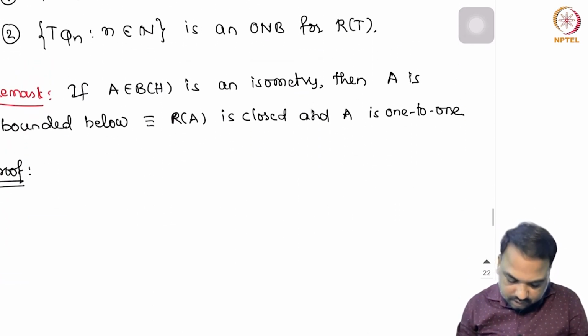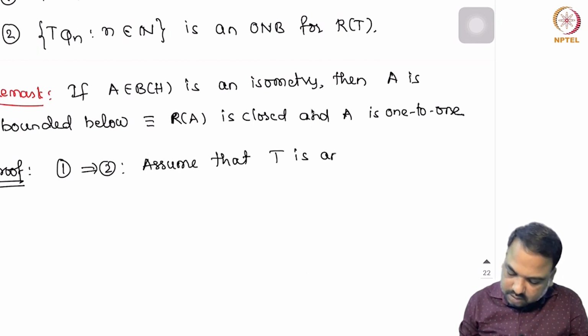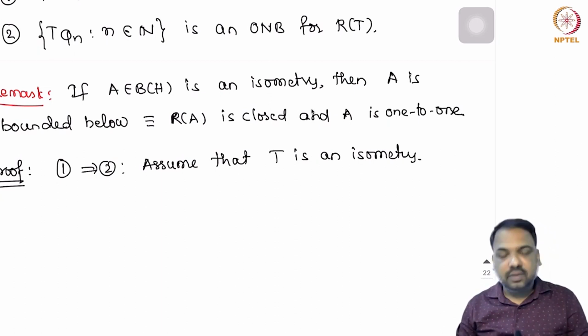Assume that T is an isometry. 1 implies 2. Assume that T is an isometry. So we already have shown that whenever phi n is an orthonormal set, T of phi n is an orthonormal set in the codomain.